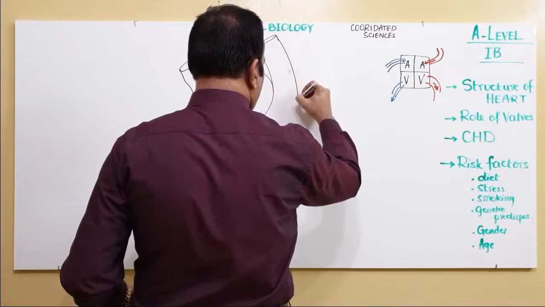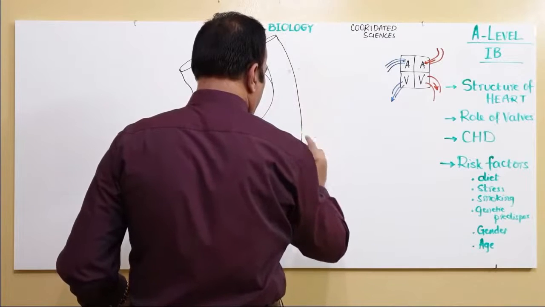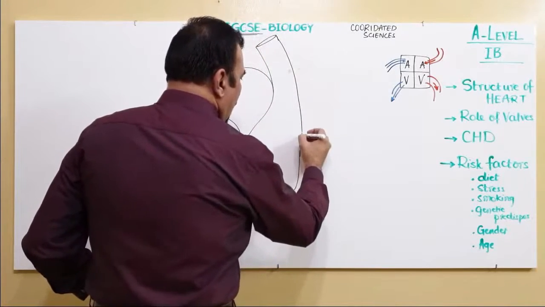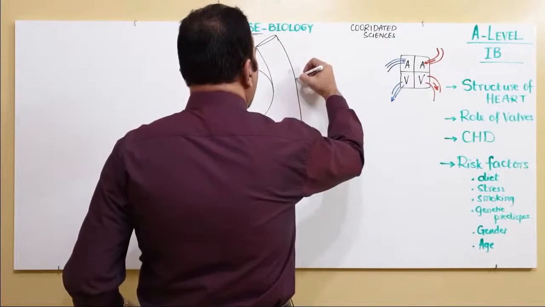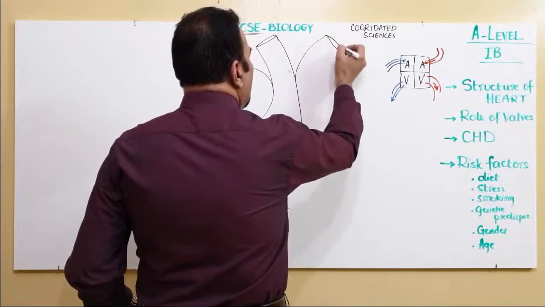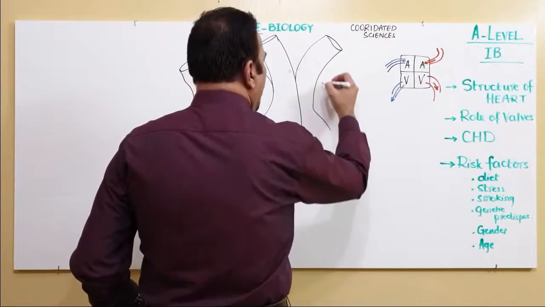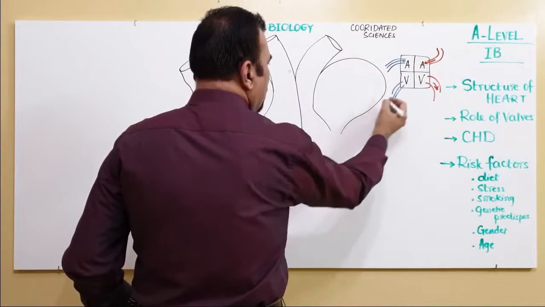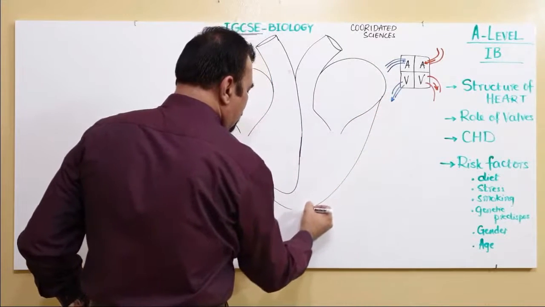There will be blue arrows showing the direction of the blood inside the heart. And this part, the left part, is actually receiving oxygenated blood. So this part receives oxygenated blood.